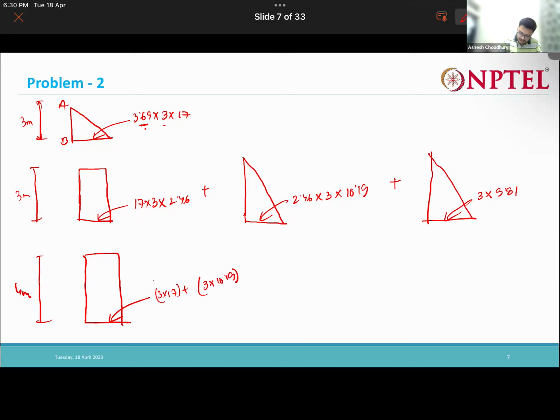This total into 2.04, because above that there are 2 layers, right?